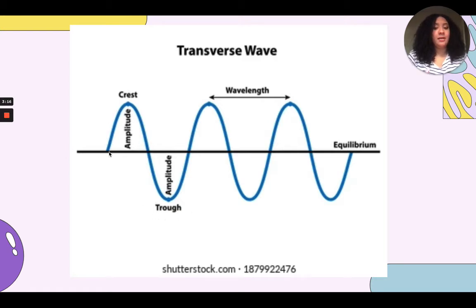If we're thinking of a straight line, that would be the equilibrium. Anything above that line is its amplitude, that's how high the wave is. Then we measure the wavelength from crest to crest or trough to trough. That's the whole length of the wave.